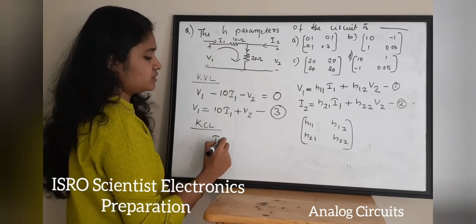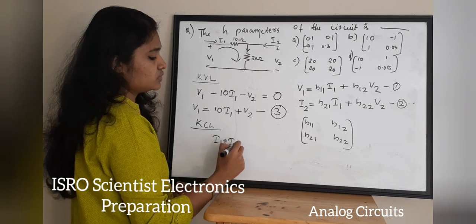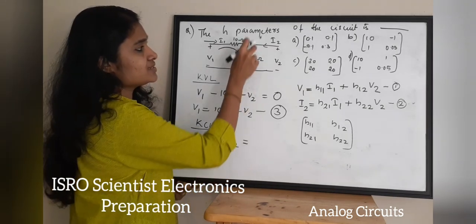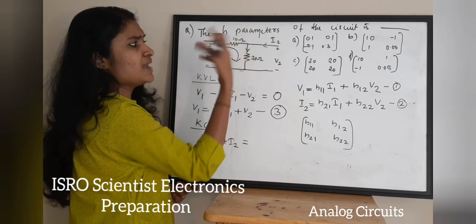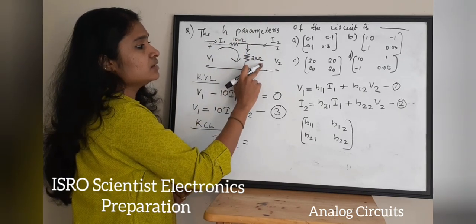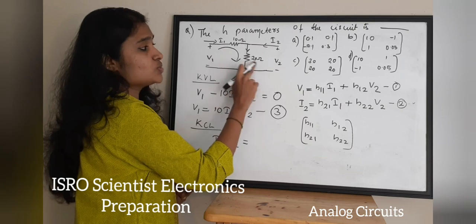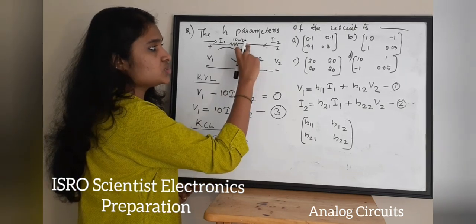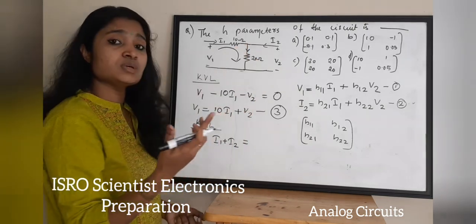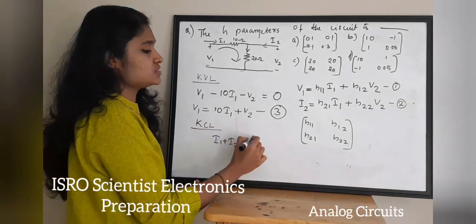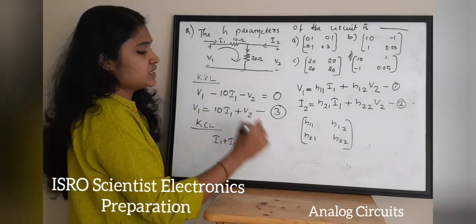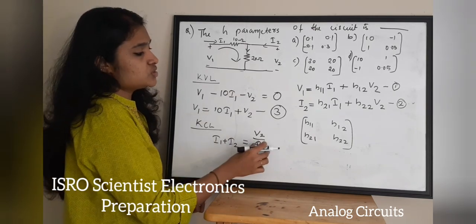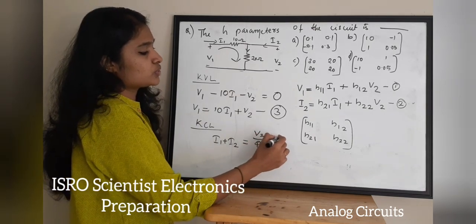So I1 plus I2 is equal to the current flowing through this branch. There is a 20 ohm resistor, and this voltage is V2. So current value is equal to voltage by resistor value, which is V2 by 20. So this is your equation number 4.